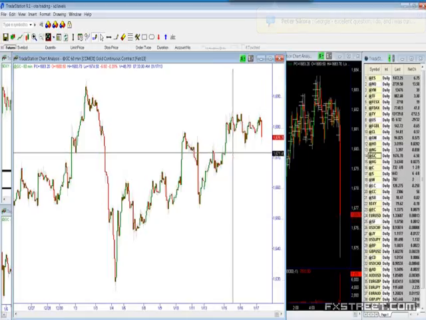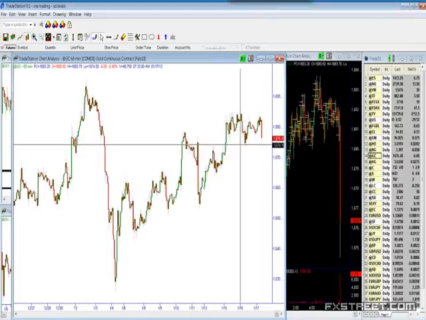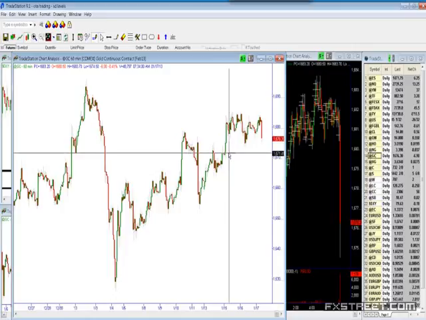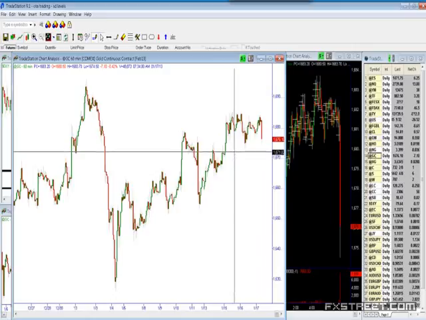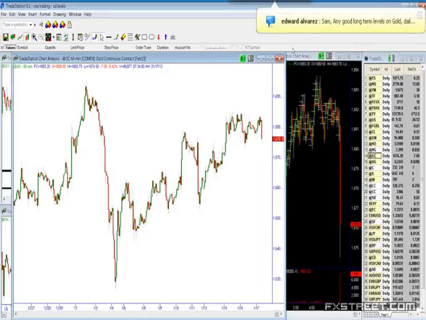I wouldn't expect this pivot low to stop gold from falling. I would expect this level though, gold is likely to bounce from here. That would be about 1672.